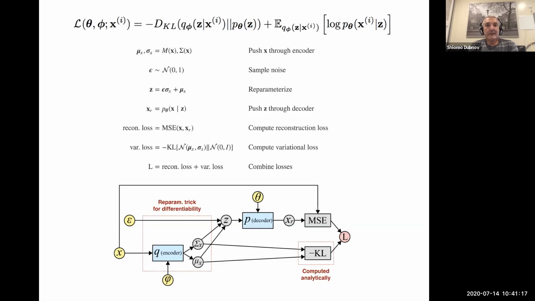And the logic is really to find a probability distribution over our data so that the data will be most likely, or have the highest probability of being generated using this model.